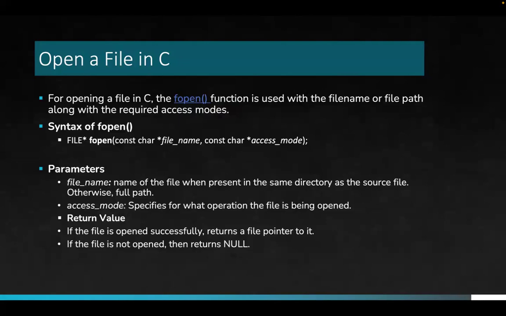If the file is opened properly, then the file pointer will hold access to all the content present inside that file. If not opened, then as simple as that, it will return a null pointer. We should understand it has some difficulties accessing that file.